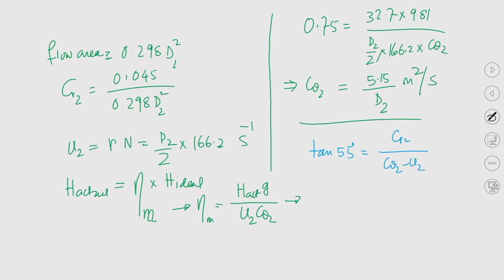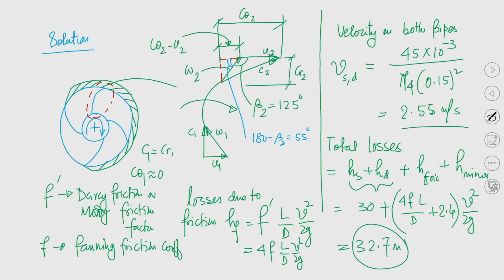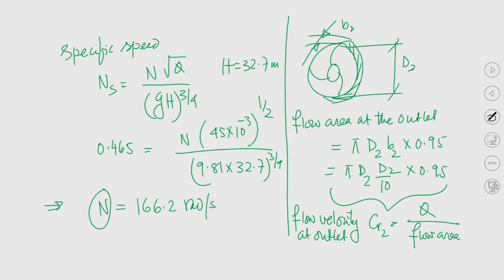So, what is cr2? Cr2 we have already calculated, cr2 is the flow velocity.